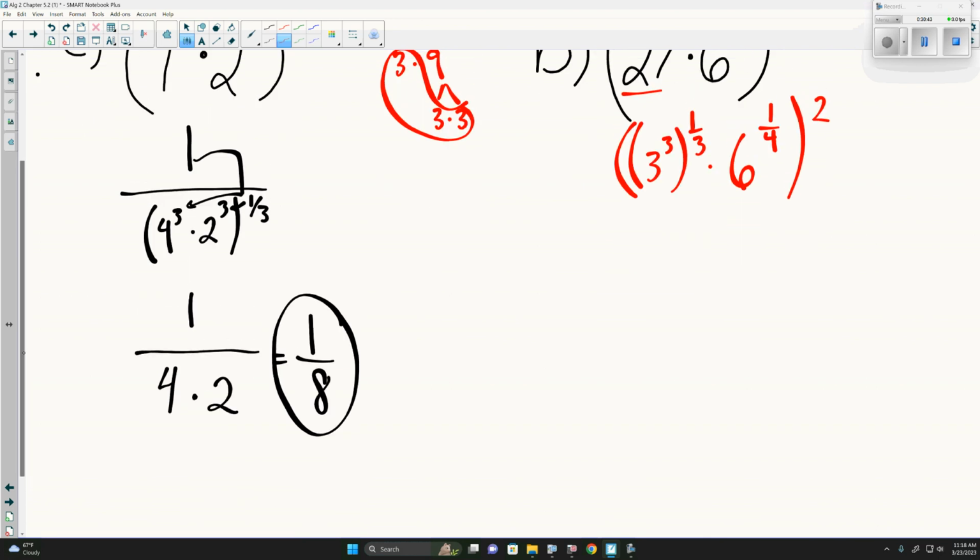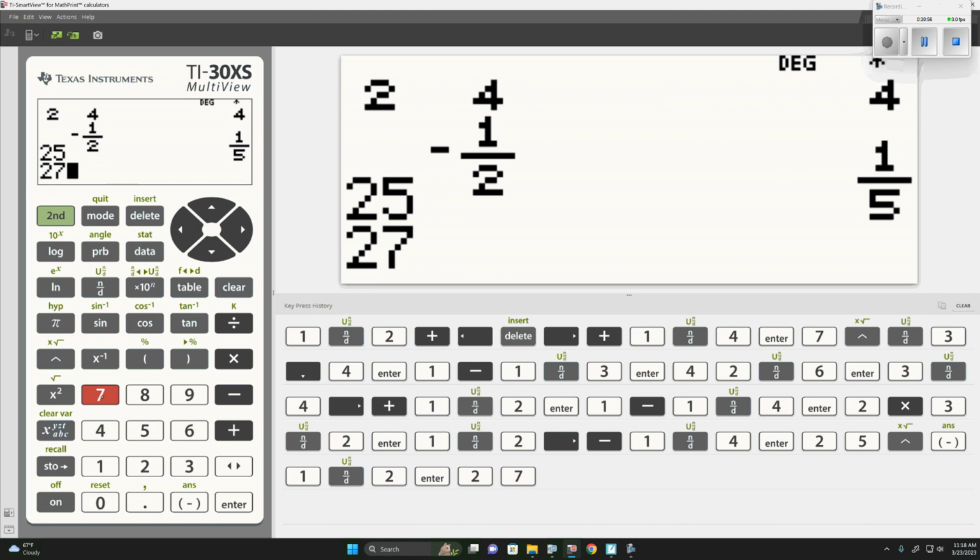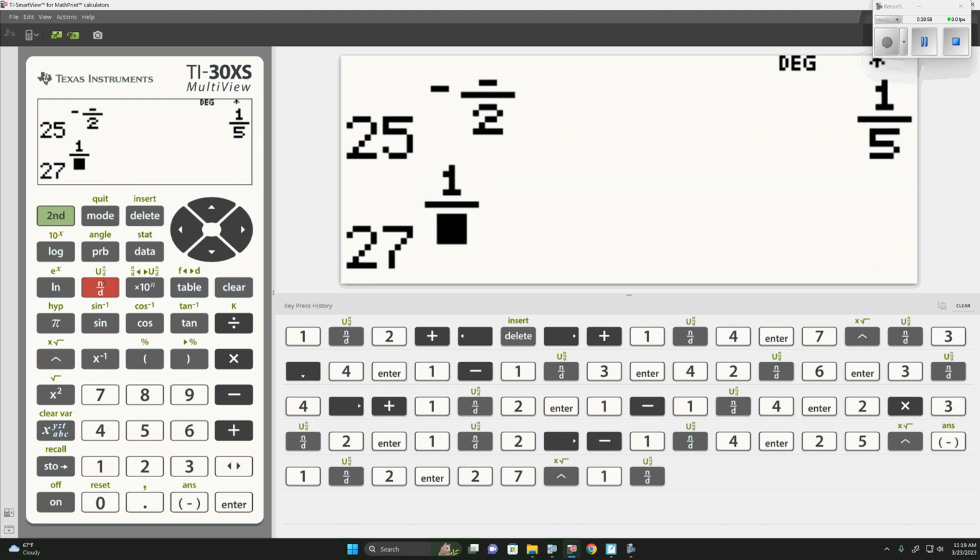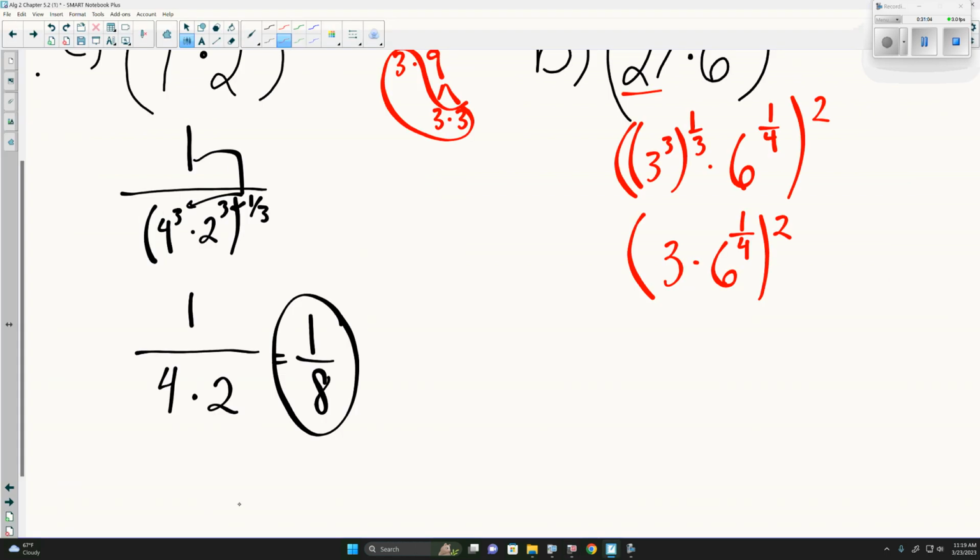And our 1/3 and third power with the 3 is just going to be 3, because 27 to the 1/3 is 3. And if we plug it in the calculator, we'll see that it's also 3. Since it is reducible, we need to reduce it.